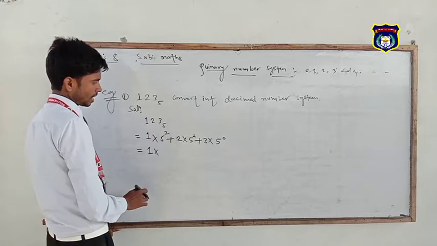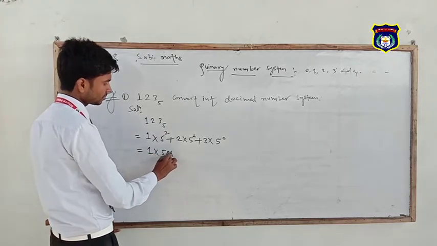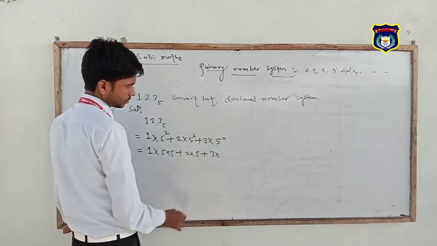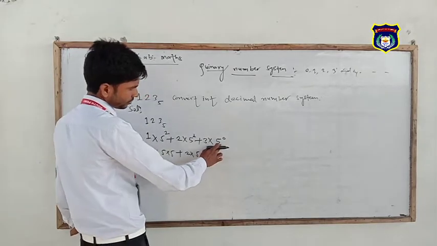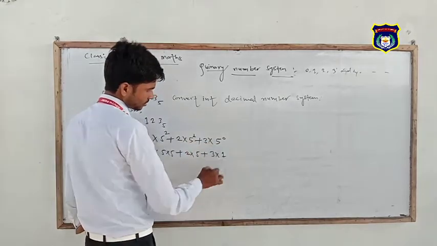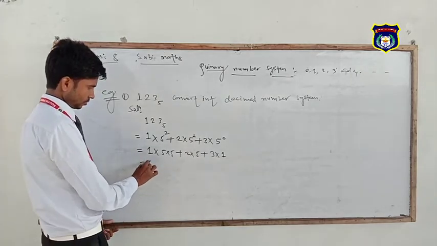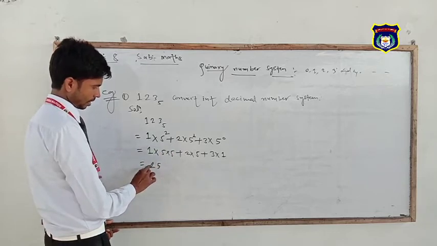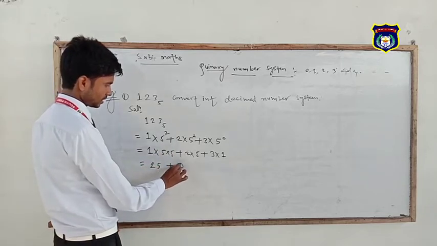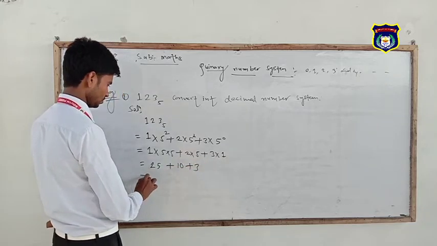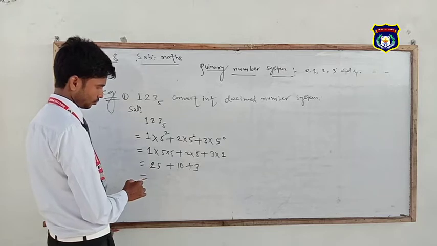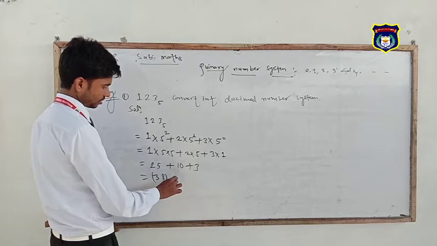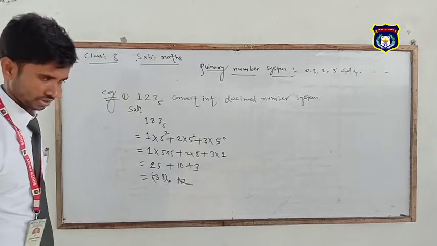So 1 multiplied by 5 to the power 2, which is 25, 2 multiplied by 5 to the power 1, and 3 multiplied by 5 to the power 0. Any number to the power 0 is 1. So 25 plus 10 plus 3 is 38. The right answer is 38.